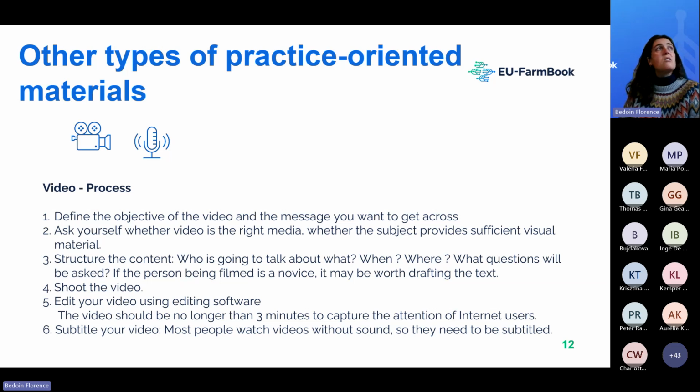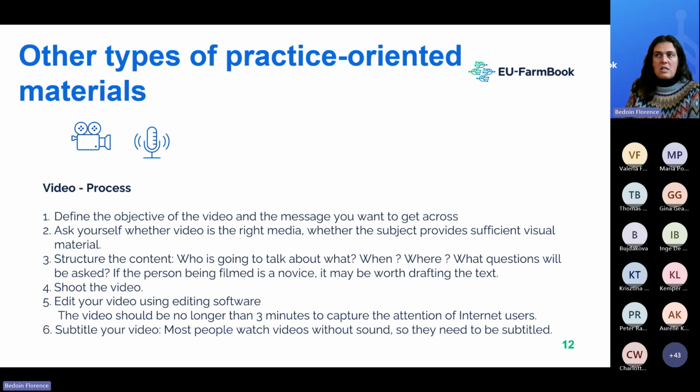Just filming someone who talks will not necessarily make it very different from a text document. It's important to structure the content: who is going to talk about what, when, where, the questions. Then of course you shoot the video, and it's important to edit it and make sure it's not too long.